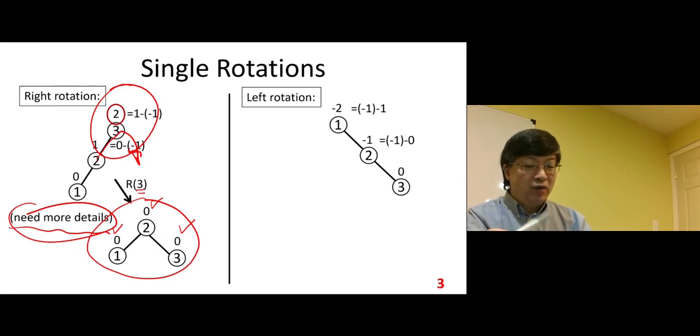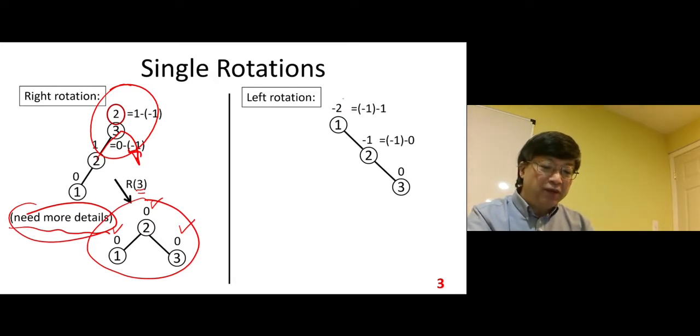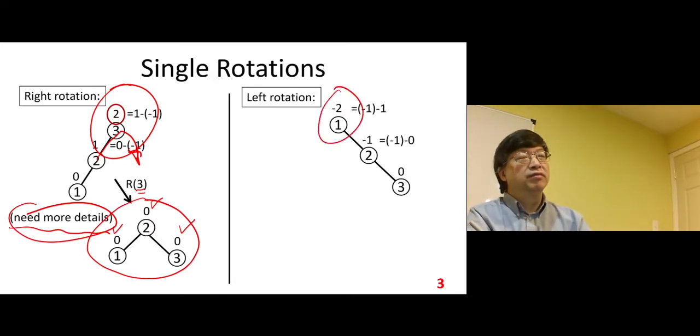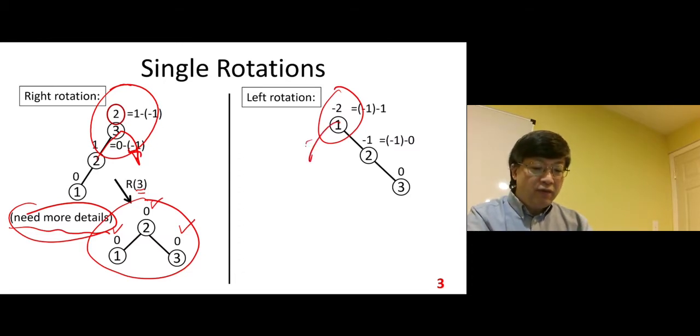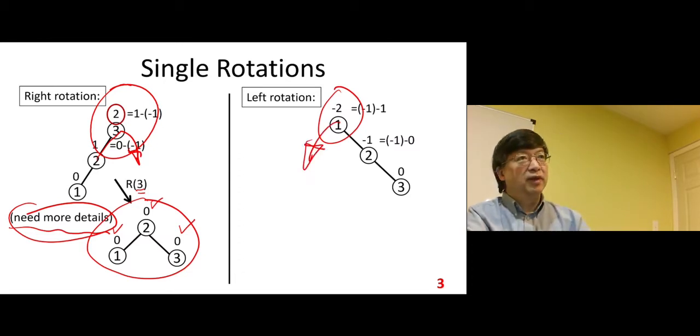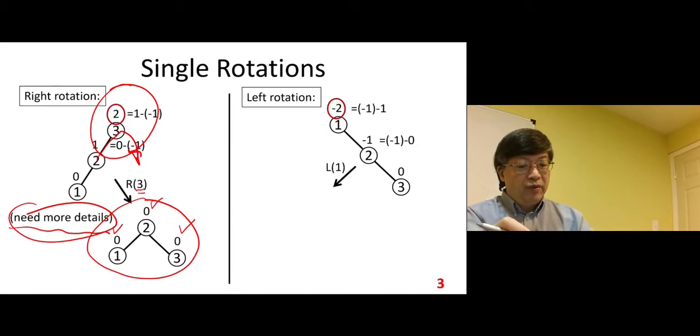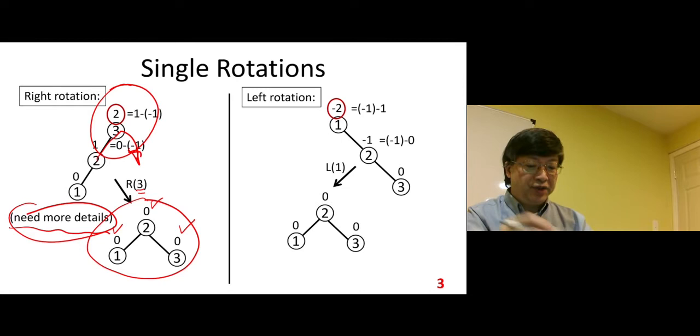We do a left rotation with respect to this violation node, node 1, written L(1).